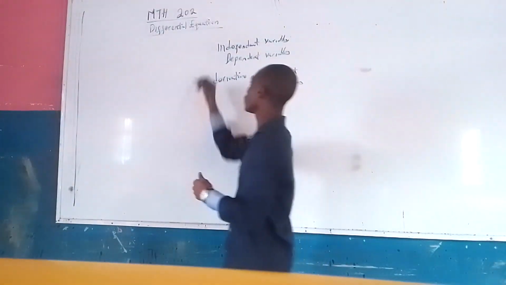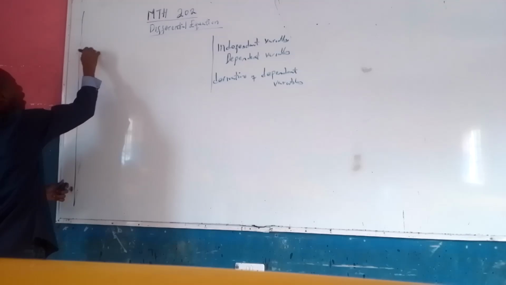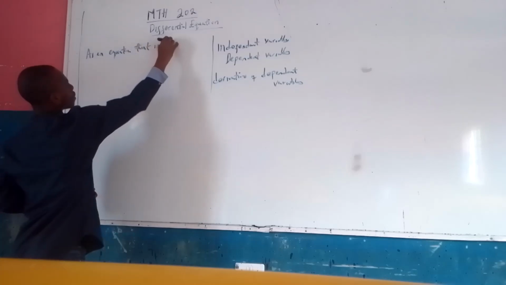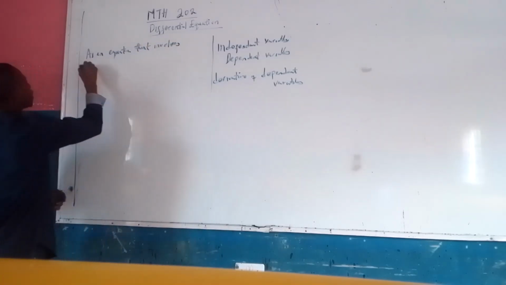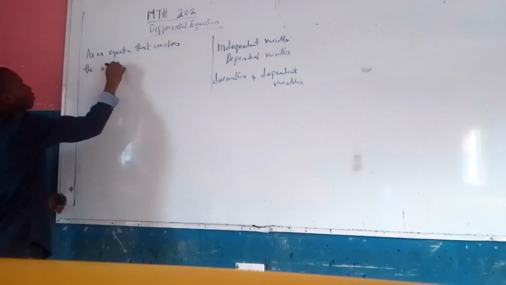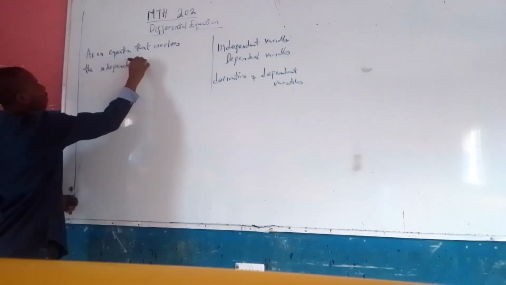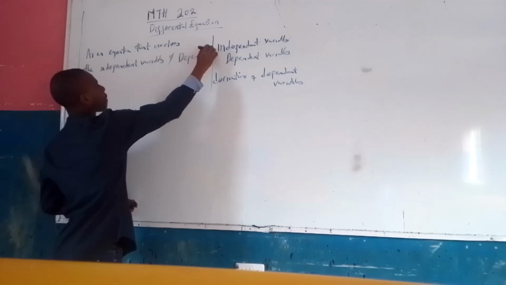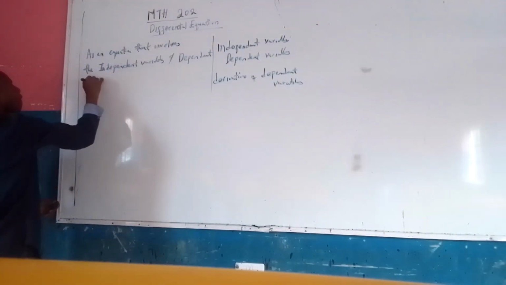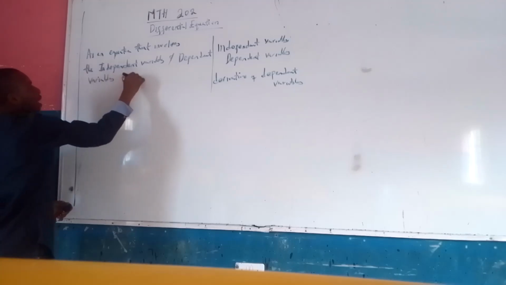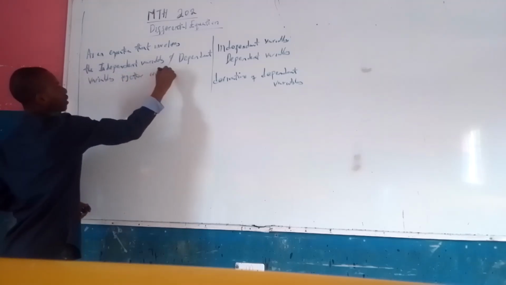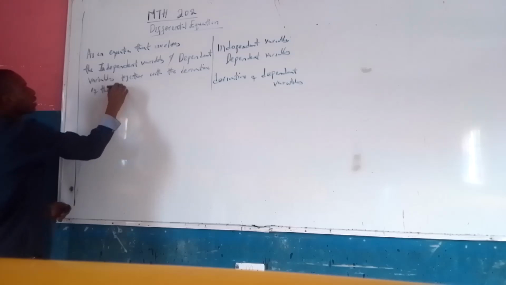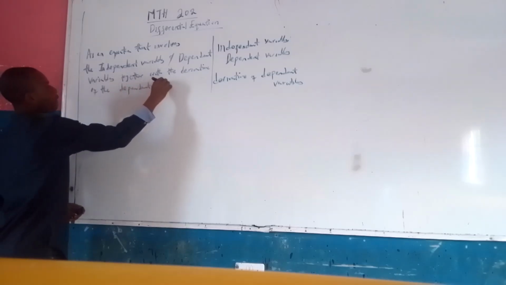So when we talk about differential equation, it can be defined as an equation that involves the independent variables and the dependent variables together with the derivative of the dependent variables.